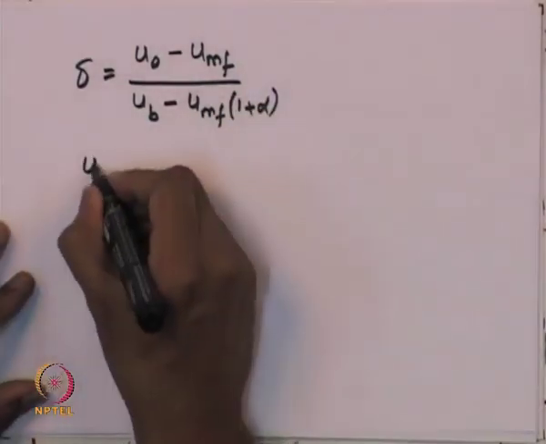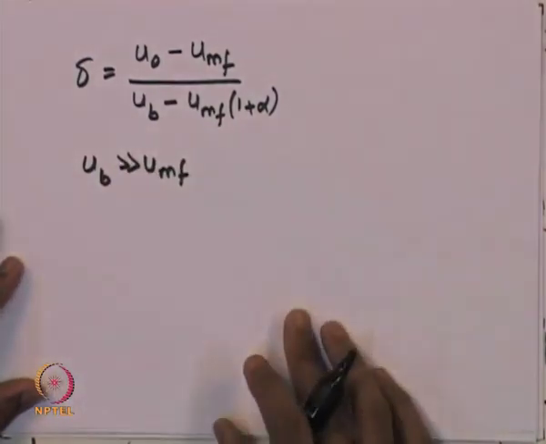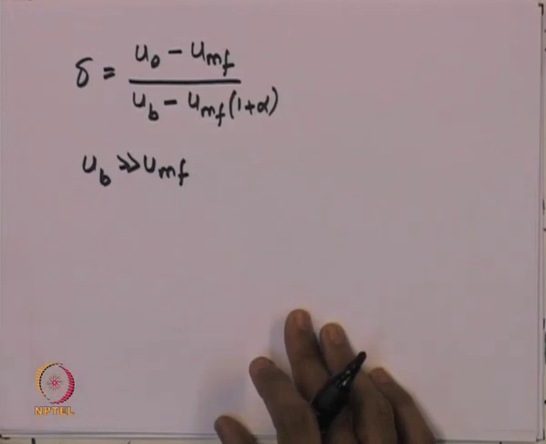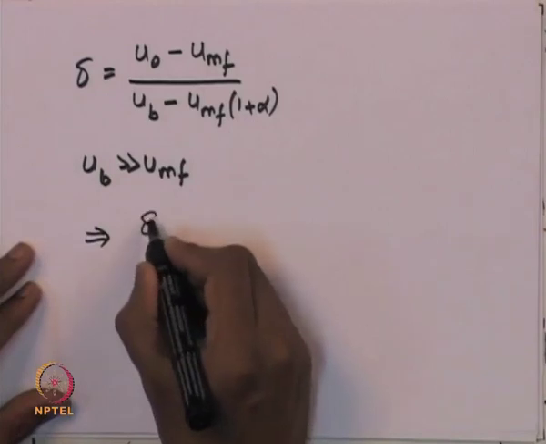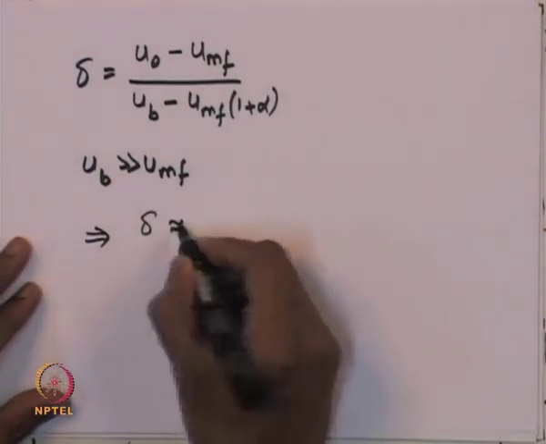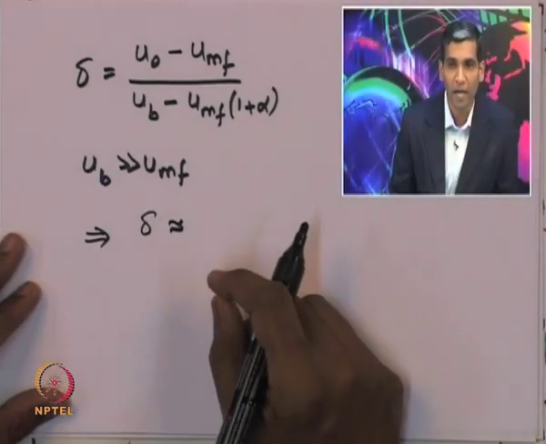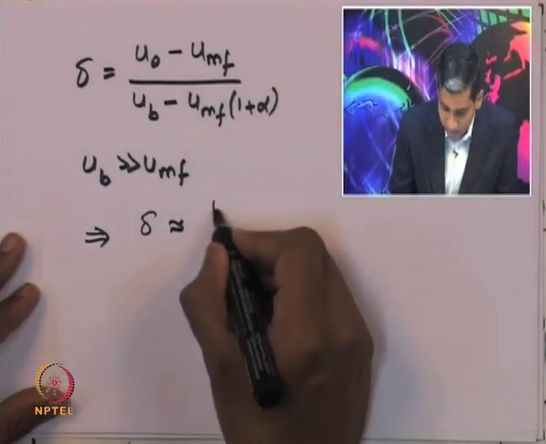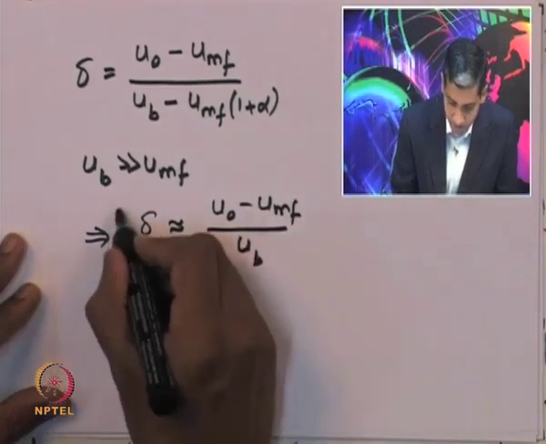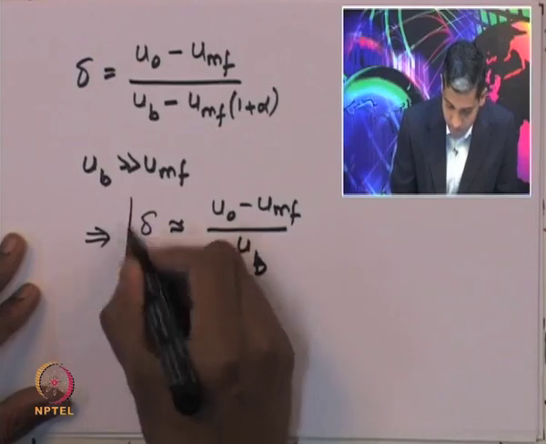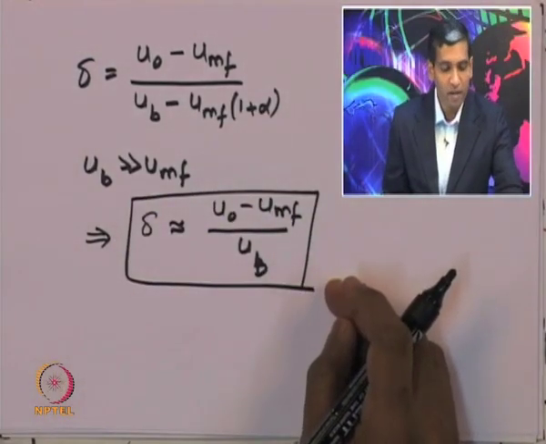Now if UB is significantly larger than UMF, that is, if the velocity with which the bubbles are rising is higher than the minimum fluidization velocity, then we can further simplify the expression for delta, the fraction of the bed occupied by the bubbles. That is given by U naught minus UMF divided by UB. So now we have estimated what delta is.